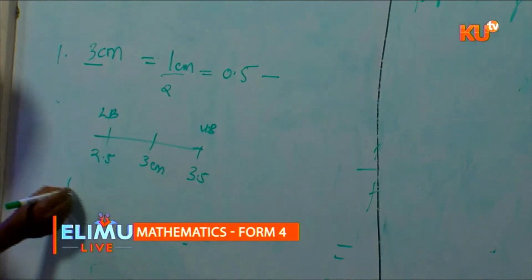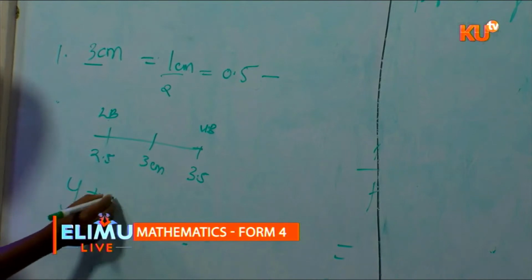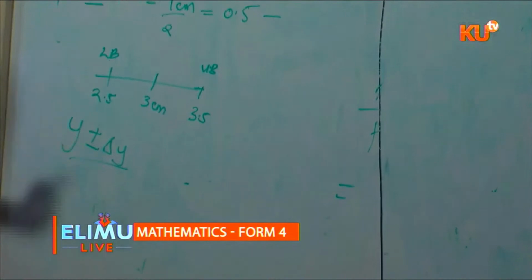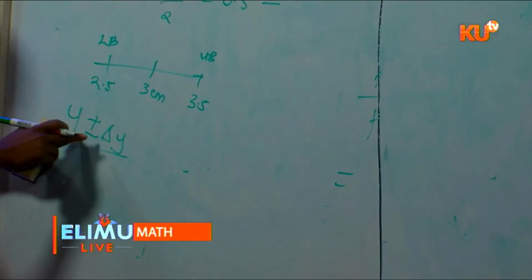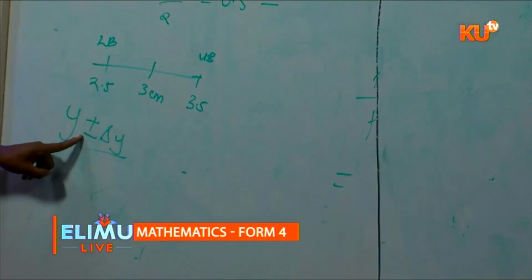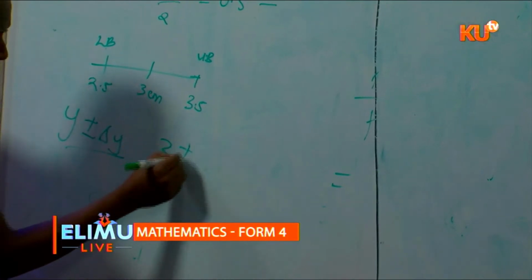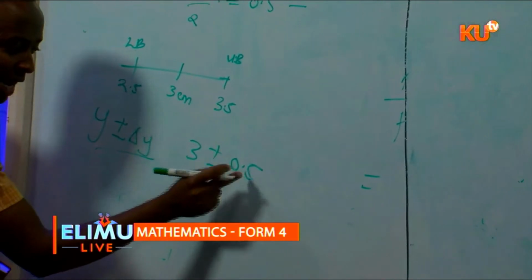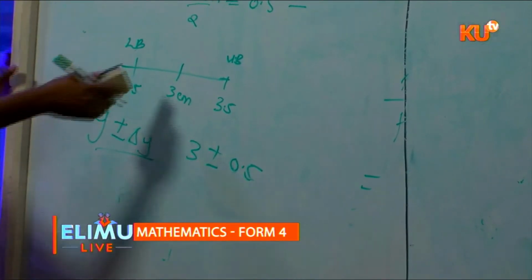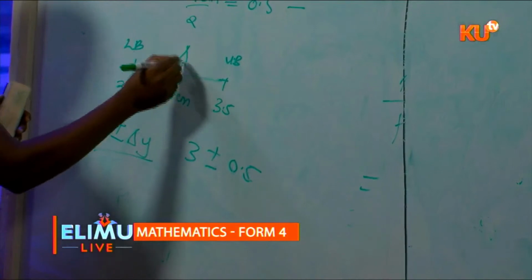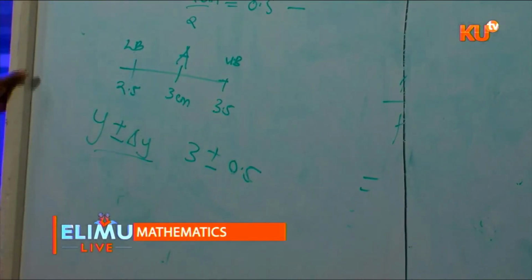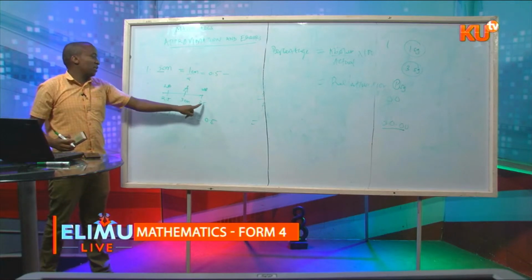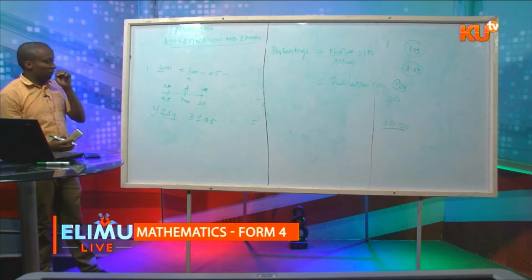So the absolute error can be denoted by plus or minus the change of that unit. So this one can be 3 plus or minus 0.5. So 0.5 can be on any side because we said this is the actual measurement. But we can have a committed error for this one that can be either 3.5 or 2.5.